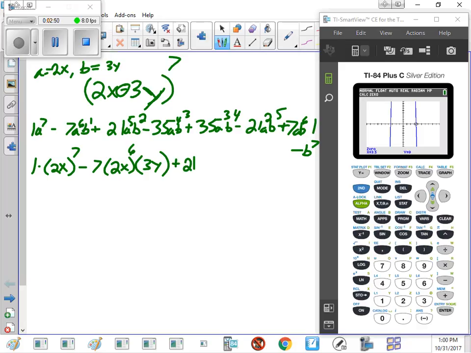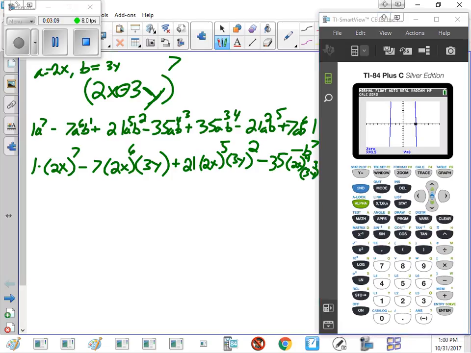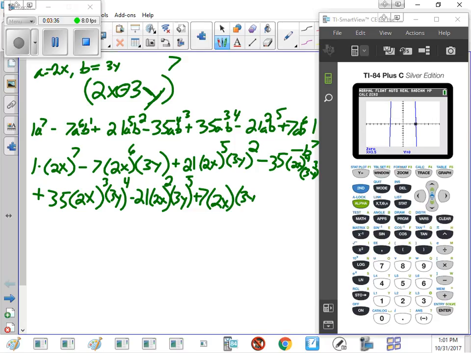Plus 21 times 2x to the 5th times 3y squared, minus 35 times 2x to the 4th and 3y to the 3rd, plus 35 times 2x to the 3rd, 3y to the 4th, minus 21 times 2x squared times 3y to the 5th, plus 7 times 2x times 3y to the 6th, minus 3y to the 7th. Does everybody understand that?